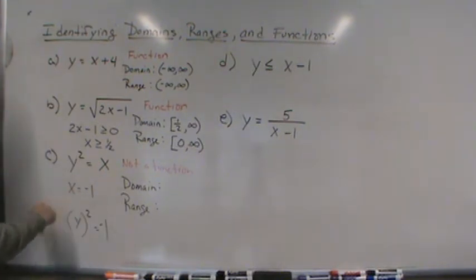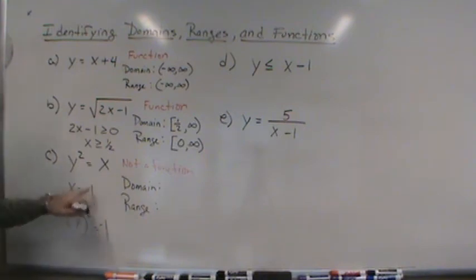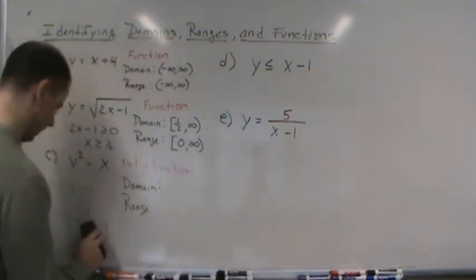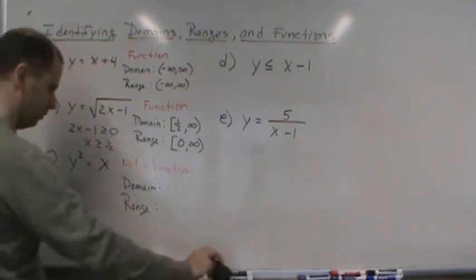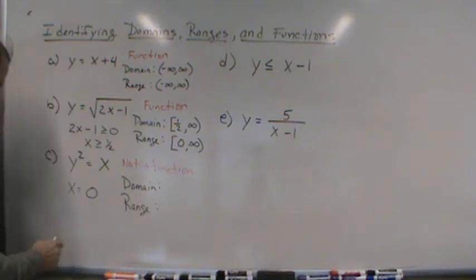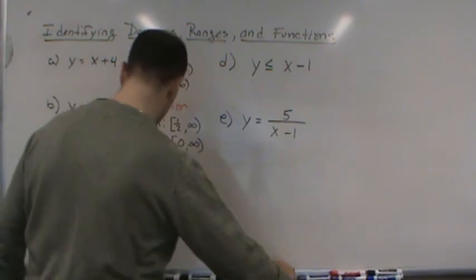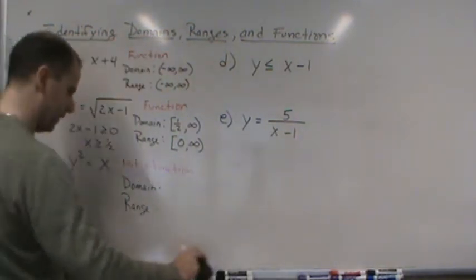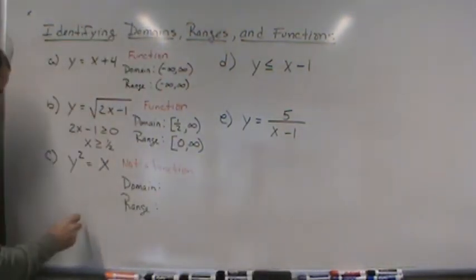In fact, it doesn't matter, it's any negative number. Now, if I use 0, is there a y value that I can square that will give me x? Well, yes. y equals 0 will do it. Or what about this? What if I have, let's say, 2?